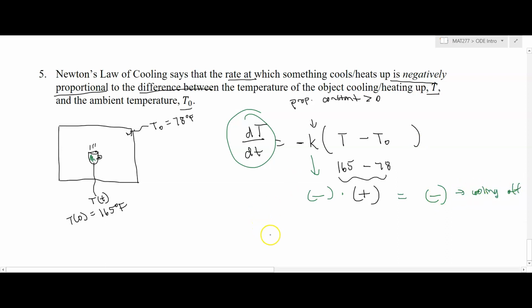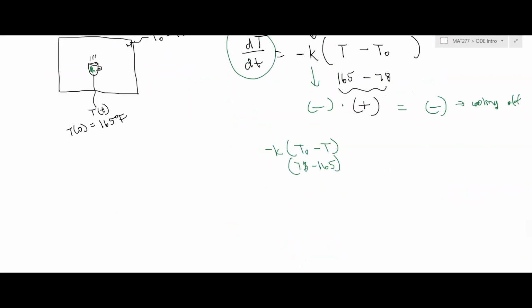If, however, you switch these around and you wrote T naught minus T, now let's think about this. So the temperature of the room is 78. Temperature of the cup of coffee is 165. That quantity right there is negative, right? This is going to be negative.